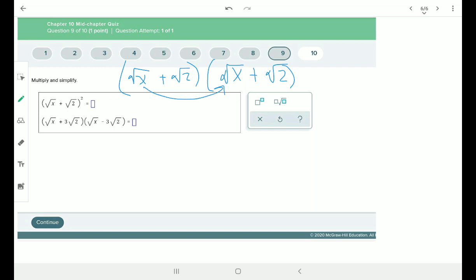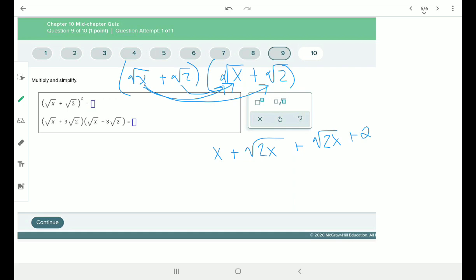Square root of x times the square root of x is x. Outside terms, square root of x times the square root of 2 is just going to be the square root of 2x. Square root of 2 times the square root of x is the square root of 2x, plus the square root of 2 times the square root of 2, which is square root of 4, which is 2.